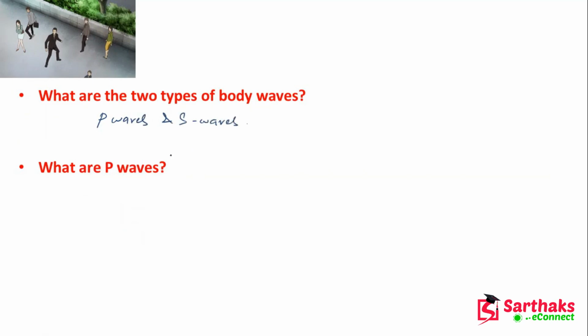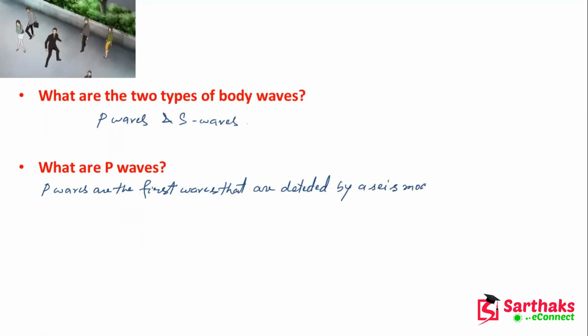What are P waves? P waves are the first waves that are detected by a seismograph.